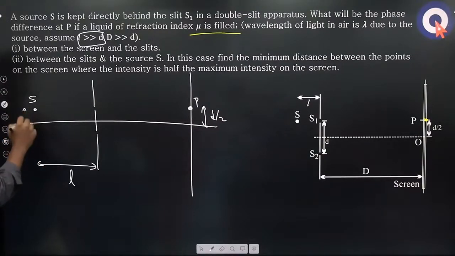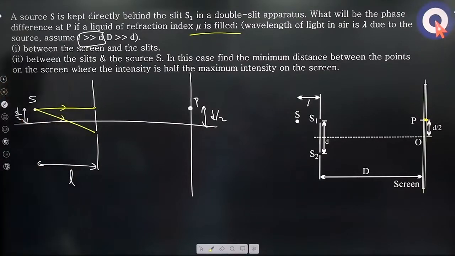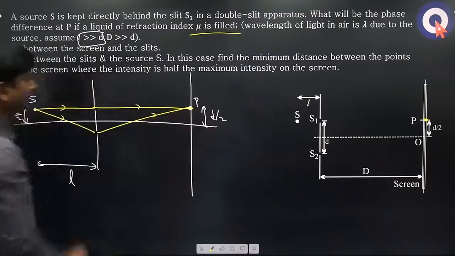Now one wave is going like this, the other one is going like this, and here it's going straight.